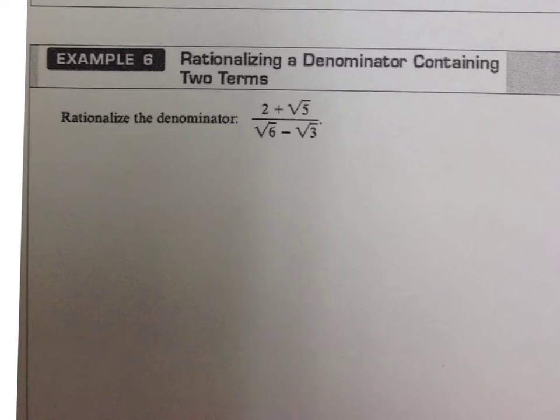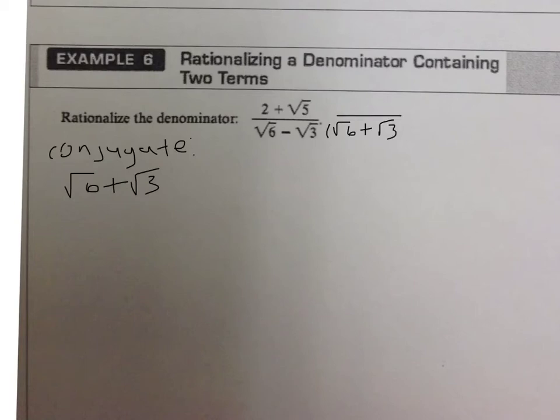So because I have square root of 6 minus square root of 3, the conjugate, and you don't have to write this down every time, I'm writing it down for your sake so you can see what the conjugate is, is going to be square root of 6 plus the square root of 3. So that's what we're going to multiply on top and bottom. So we put it in here, square root of 6 plus the square root of 3. Multiply there, multiply here, square root of 6 plus the square root of 3.